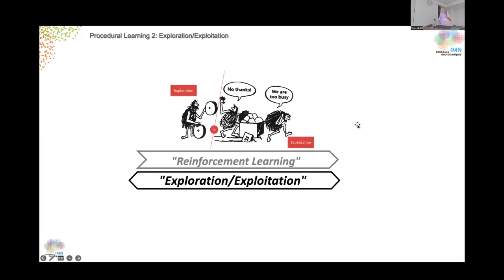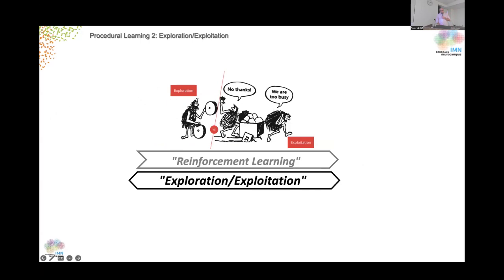Another way to talk about procedural learning is dealing with the balance of exploration and exploitation of behavior. When you're confronted with a situation, you can continue to use the same solution that may not be optimal, but allows you to perform something and get some positive feedback. Or you can try a new solution, but in this case, you lose some time.